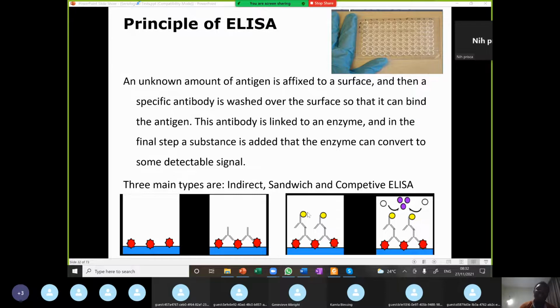And when we add the conjugated antibody, there will be no primary antibody for the conjugated antibody to bind, and therefore it will not bind. And when we add a substrate, the enzyme is not present, and there will be no color change.